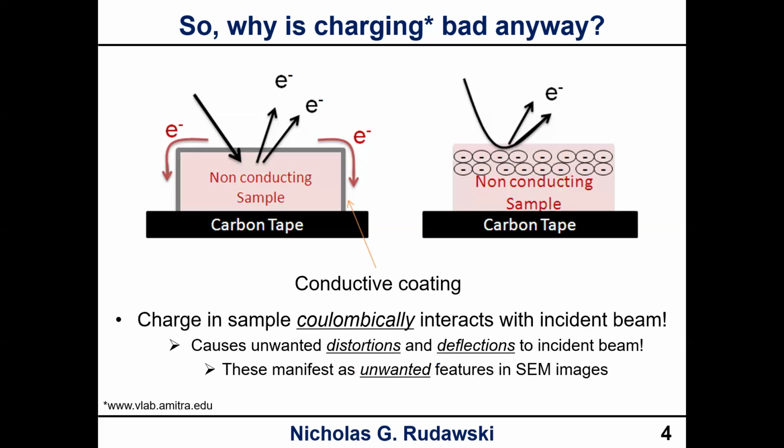So you get this unwanted Coulombic interaction with the incident beam, and it causes unwanted distortions and deflections to the beam. And we see features in the SEM images that we really don't want there. They're not aesthetically pleasing, they're not true to what the sample actually is, and they're just unwanted and something that we don't like having to deal with.